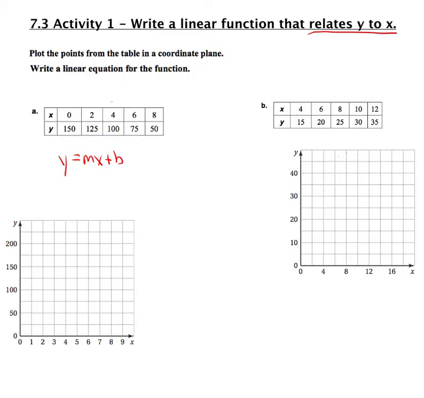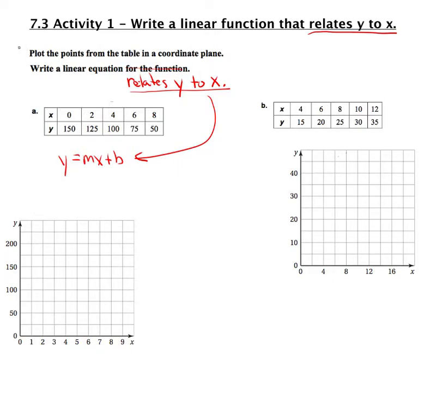And instead of saying for the function, what I want you to do on your paper is to write relates y to x, because in tomorrow's homework you're going to see that wording. And when you see that wording, relates y to x, all you're going to do is write an equation y equals mx plus b. And we already know how to do that.